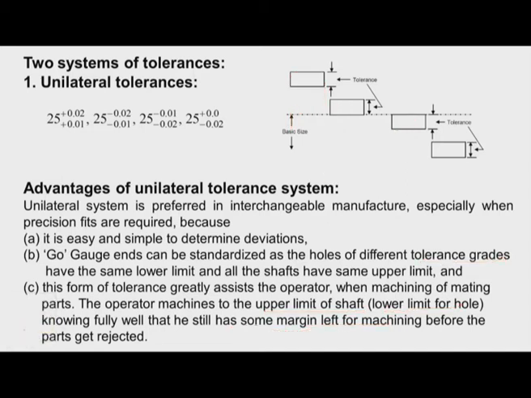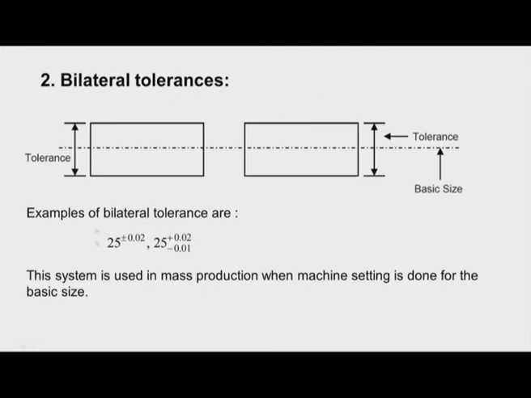Now the second type of tolerancing is bilateral tolerances, wherein we have this basic size, and tolerance is provided on both sides of the basic size.